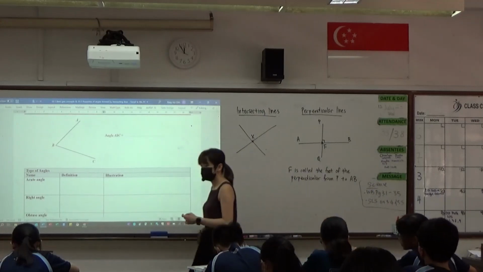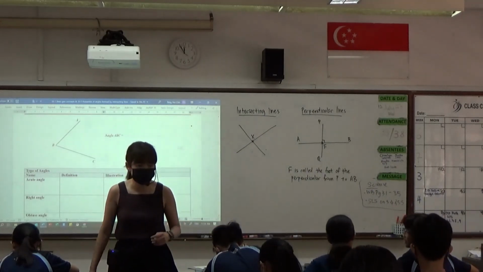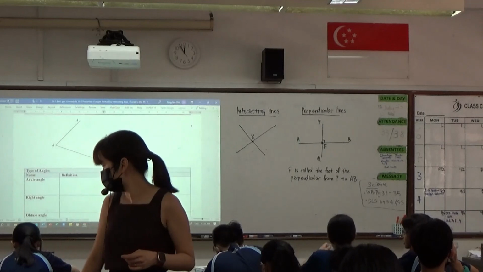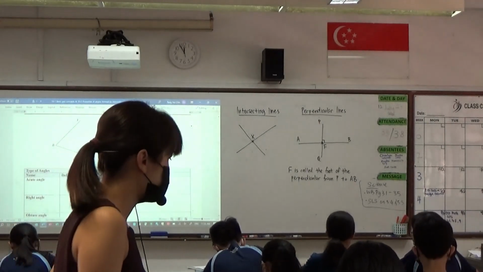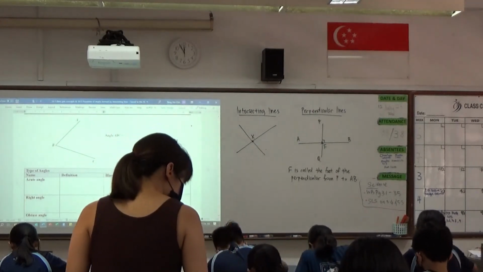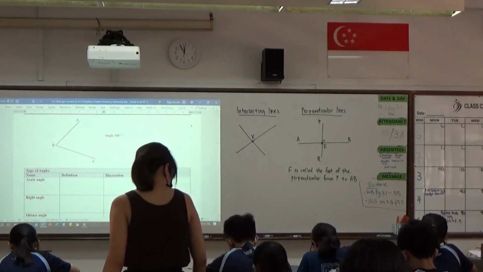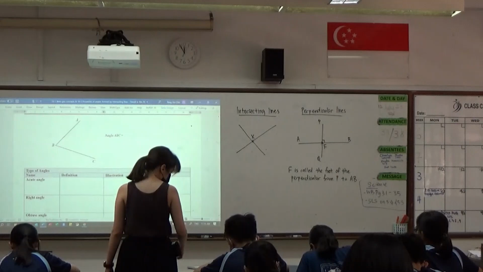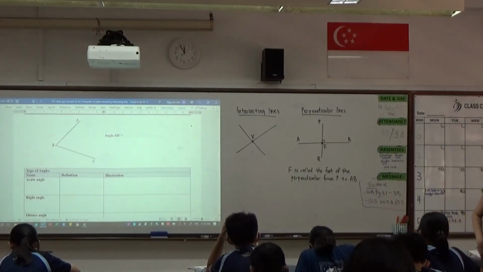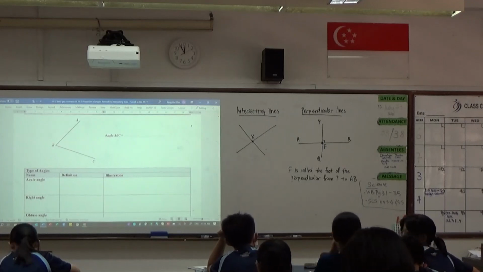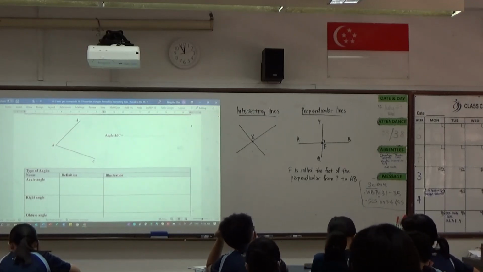What did you all get? Anybody forgotten how to use a protractor? I see that most of you are getting 64. Anybody getting different answers? 60? 65?